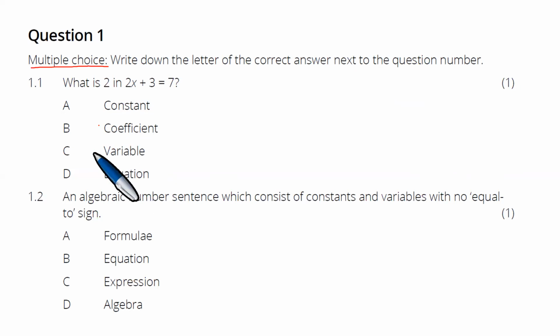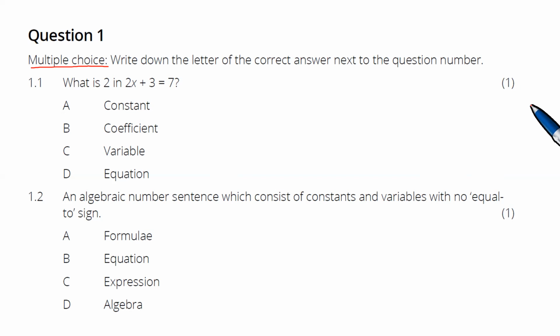What is 2 in 2x plus 3 equals 7? In the exam, they'll ask you something like this. What do you think? Let me just give you 1 minute because it's just 1 mark. What do you think the answer is?